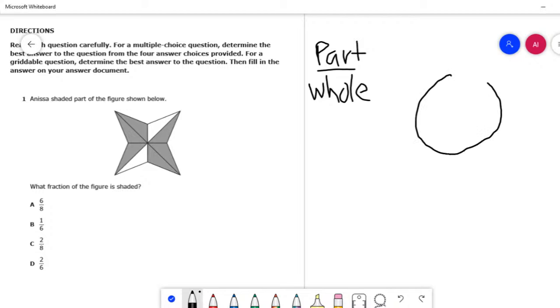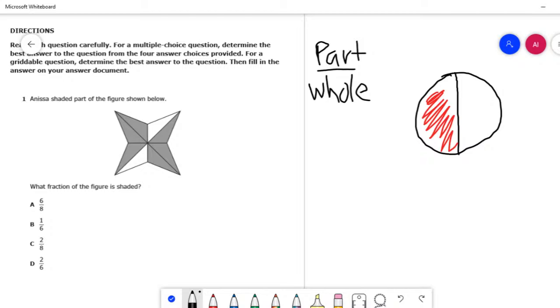I'm just going to draw a circle for this pizza, and we're going to cut it into two equal slices. Now my drawing's not going to be perfect, but let's say we cut it into two equal slices. And we were to shade in just one of these two slices. What would the fraction be?